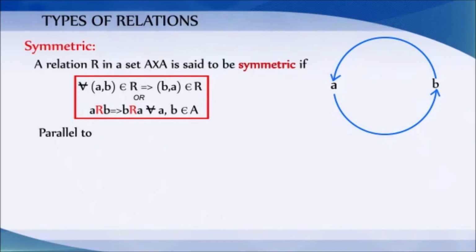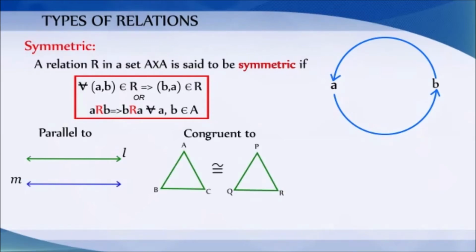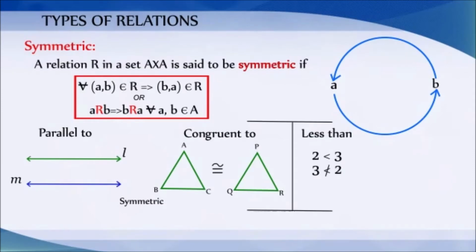Relation parallel to is symmetric since the line L is parallel to M implies the line M is also parallel to L. Similarly, the relation congruent to is symmetric because if triangle ABC is congruent to triangle PQR, then the triangle PQR is congruent to triangle ABC. But the relation less than is not symmetric because 2 less than 3 does not imply 3 less than 2.